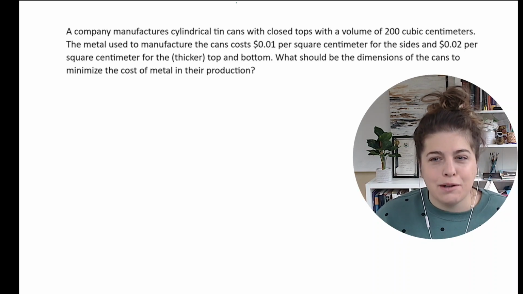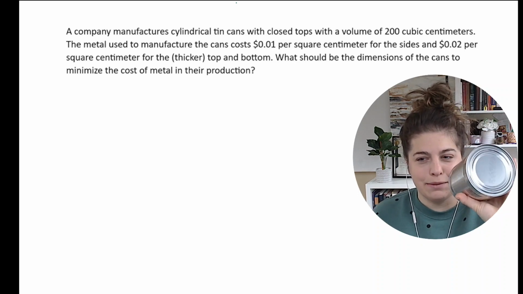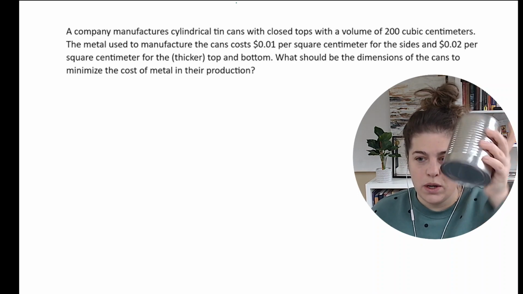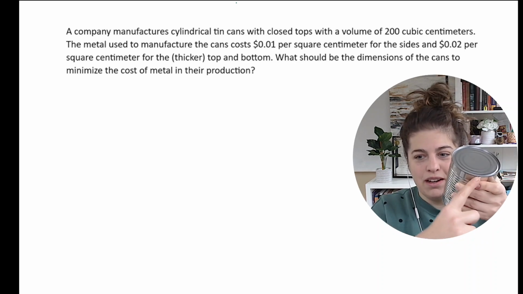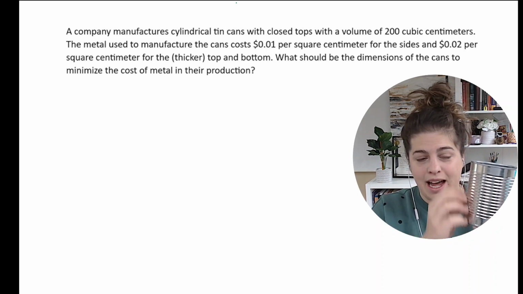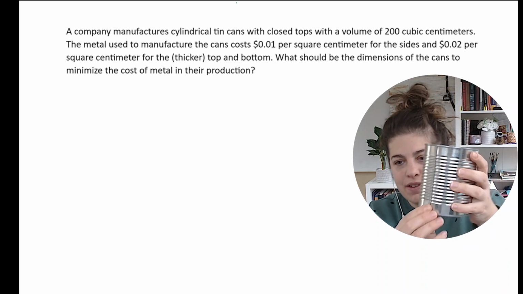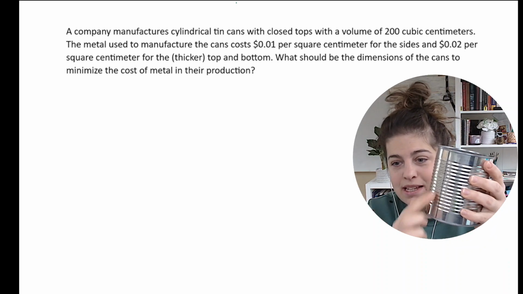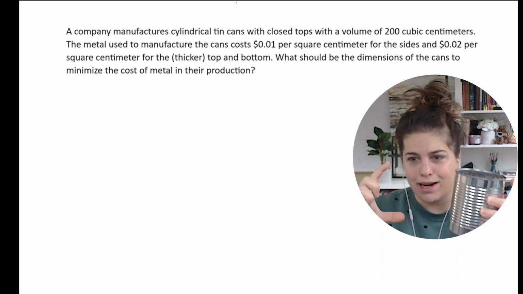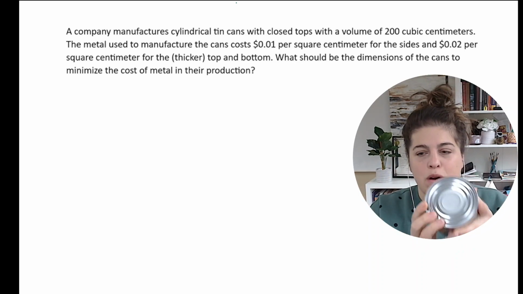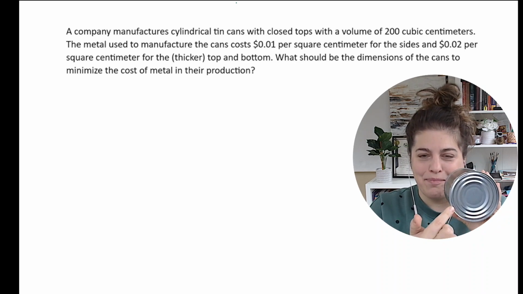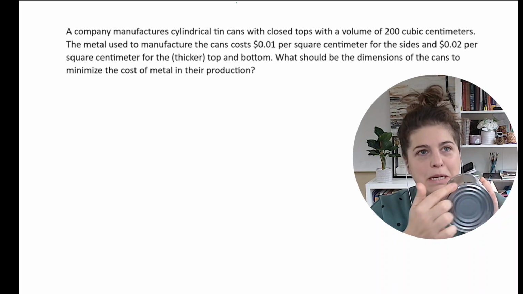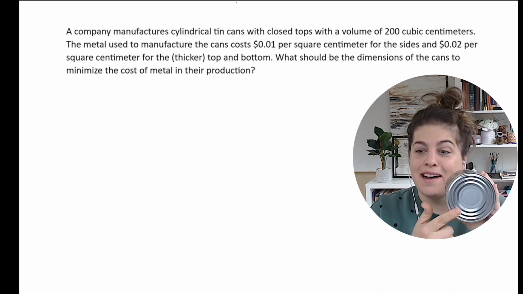Okay. And so we're dealing with a circle. We're dealing with the volume of a cylinder. When we look at the side, you can even see on this can, there's a line there, because this was one big rectangle that got curved, which means that the length of the rectangle is actually the circumference of the circle.